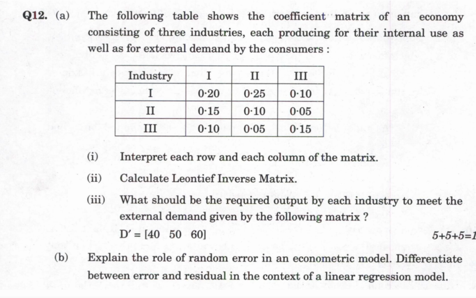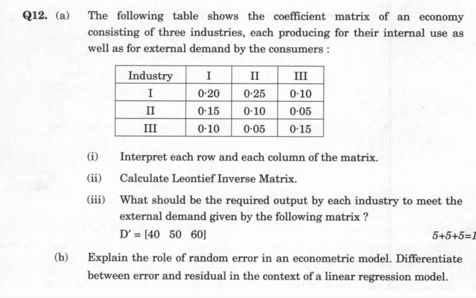As an example, consider the first column. To produce 1 unit of output in industry 1, it needs 0.2 units from itself, which is industry 1. Industry 1 needs 0.15 units from industry 2, and it needs 0.1 units from industry 3.